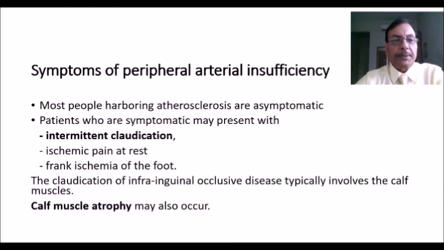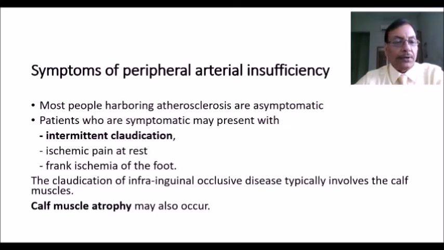And the symptoms of peripheral arterial insufficiency are, remember, most of the patients are asymptomatic. And when they are symptomatic, the usual symptom is intermittent claudication. When it increases, it can be ischemic rest pain or may develop frank ischemia of the foot.